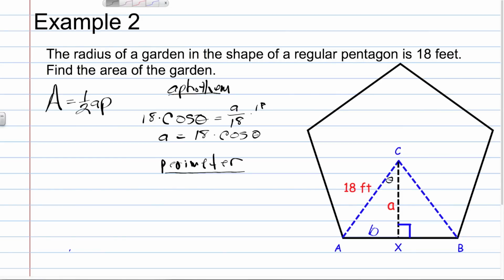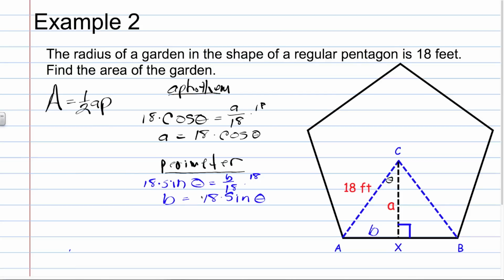To work with the perimeter, we need to find b. And like I said, the sine of the angle theta is going to be equal to b over 18. Again, we multiply this by 18 on both sides, and we get b being equal to 18 times the sine of theta. And again, we'll calculate theta in a minute.